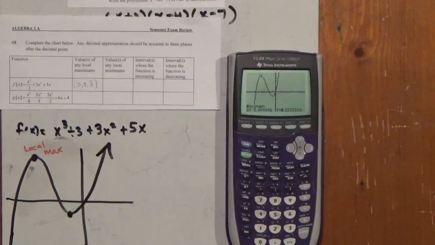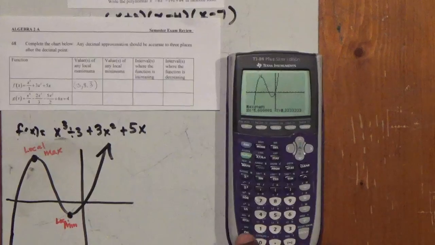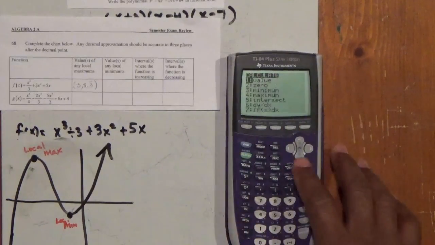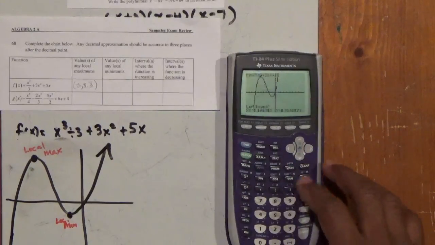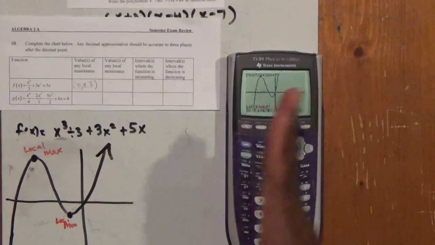I want to find my local min. I do that with second calc, min. It looks like it's almost at -1 in the x direction.